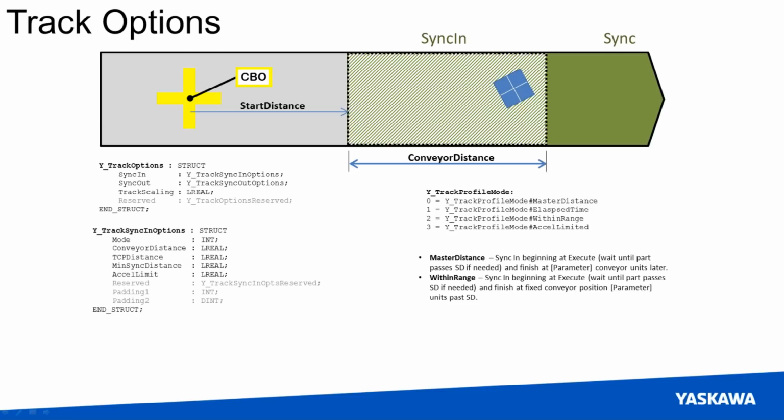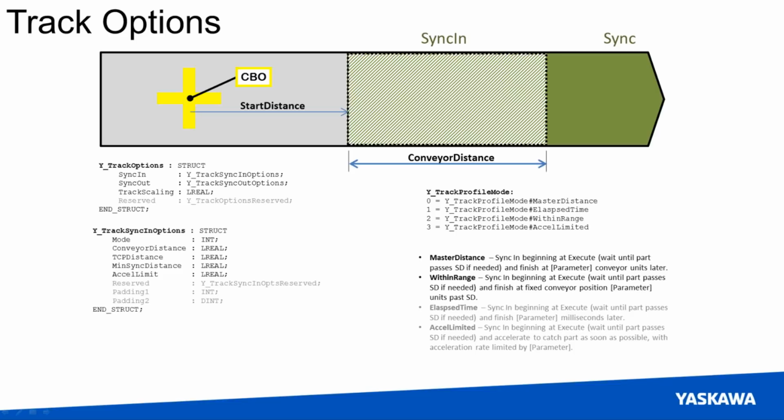If it's way close here at the end before we execute it, then that means we're going to have to move very, very fast, or we're going to need to come up with a way to tell the system that it's too short of a distance and to abort. And we'll get to that in just a second. The other two, elapsed time and Excel limited, are not supported at this time.